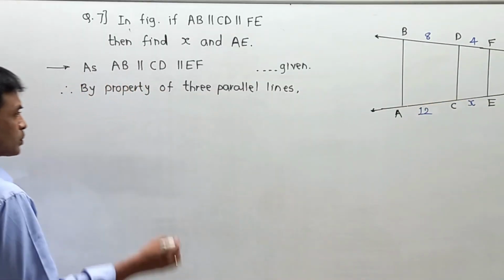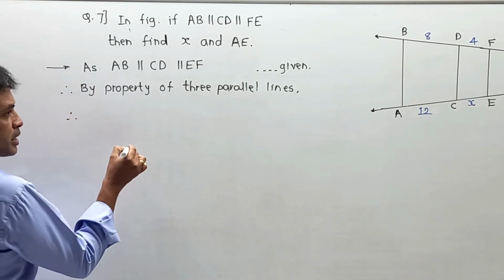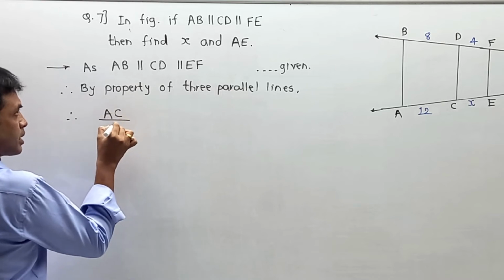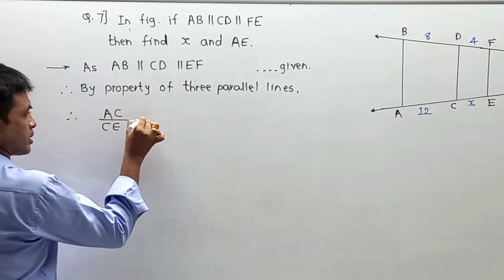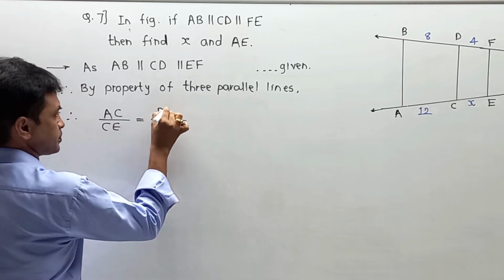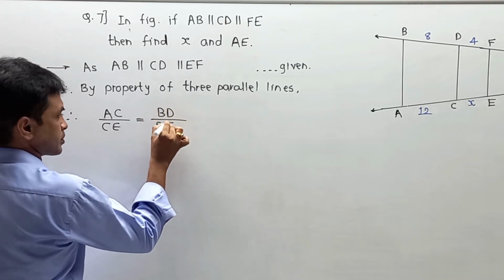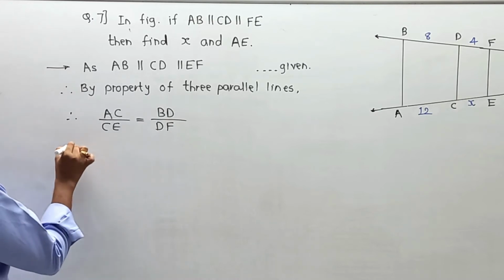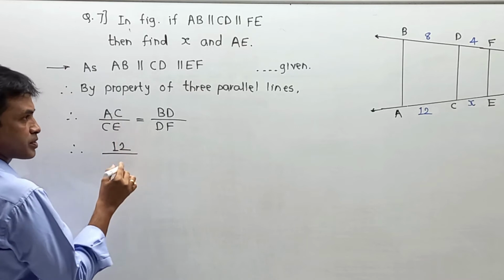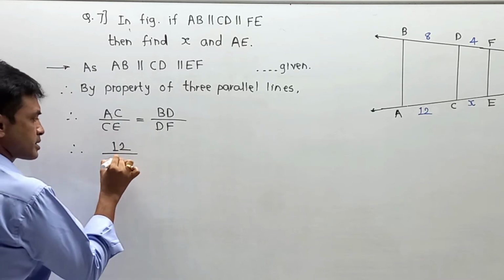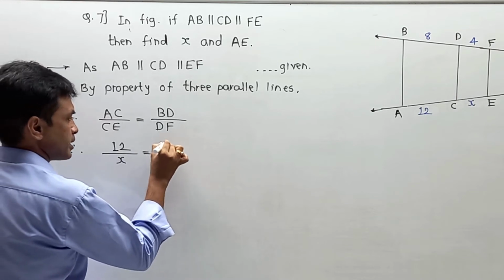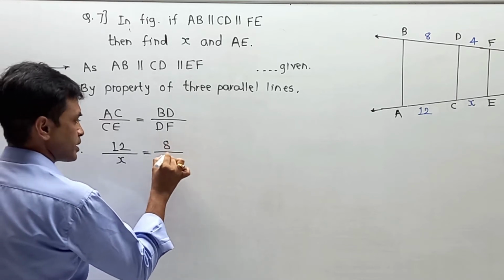Putting the values over here, value of AC they have given 12, value of CE that is X, is equal to value of BD that is 8 and value of DF that is 4.